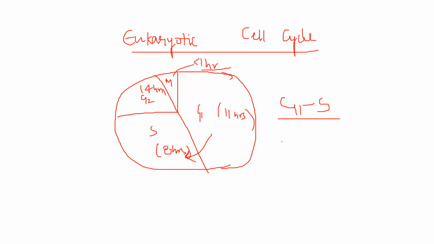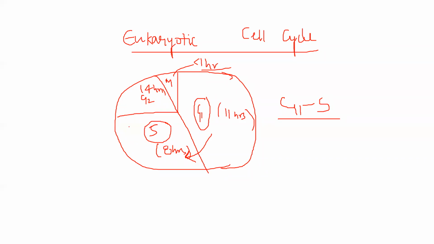Here they will check that all the important events occurring in G1 are completed or not. Then in S, there will be a DNA damage checkpoint: after DNA replication, is there any damage within the DNA? If not, then it can move to G2.